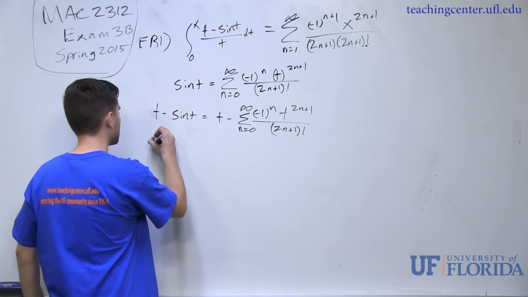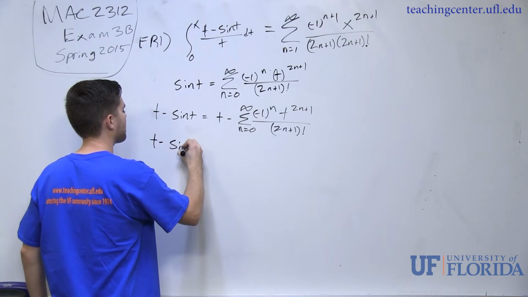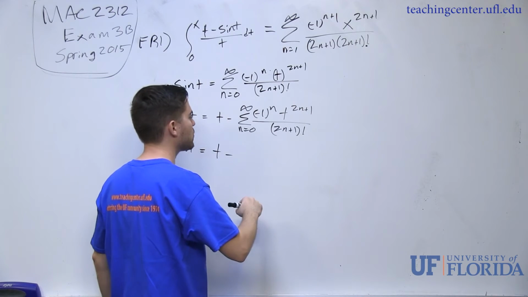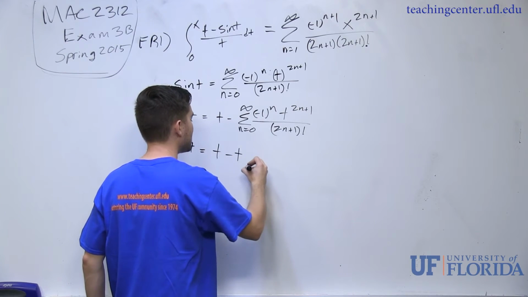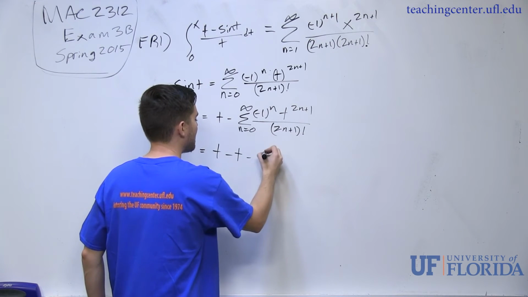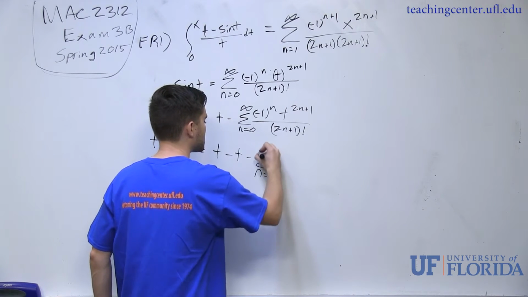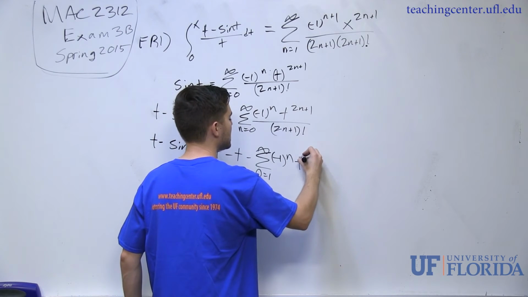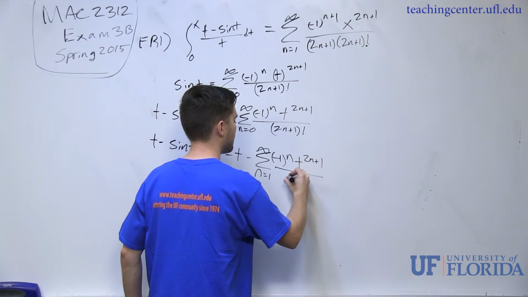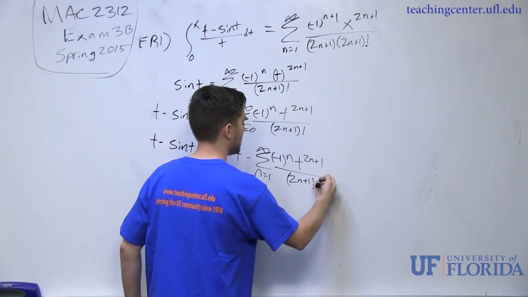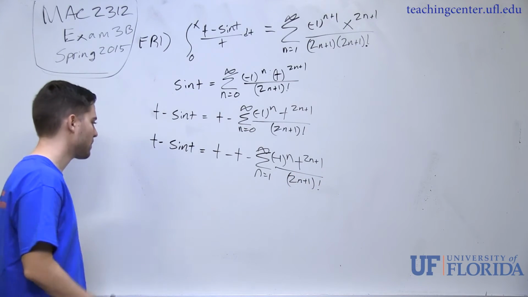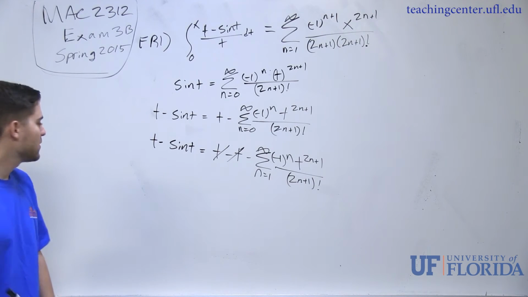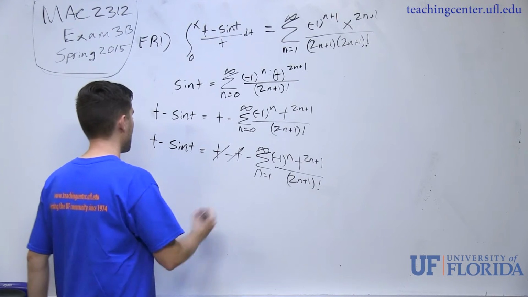I'm going to rewrite the right-hand side as t minus, plugging in n equals 0, t as my value, and then the series starting at an index of 1 from negative 1 to the n, t to the 2n plus 1 divided by 2n plus 1 factorial. Now I can cancel out my t's, which makes it a lot easier.